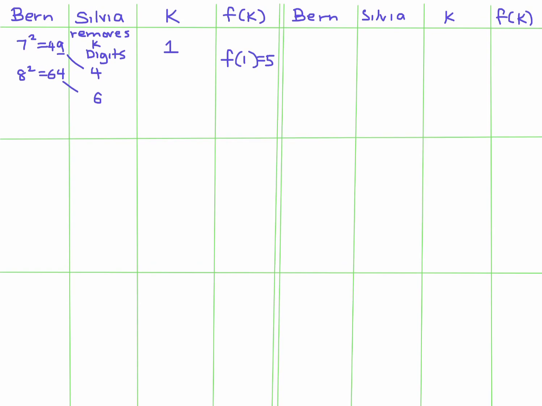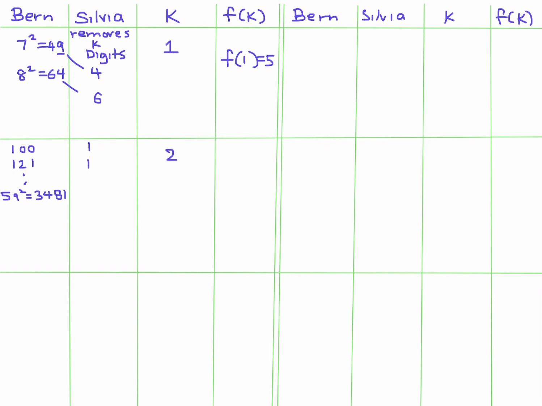Now let's move up to k equals 2. Here we have 100, and then 121, and then you keep on going. The numbers for Sylvia will be 1 and 1. Eventually you'll get up to 59 squared, and 59 squared is 3481.